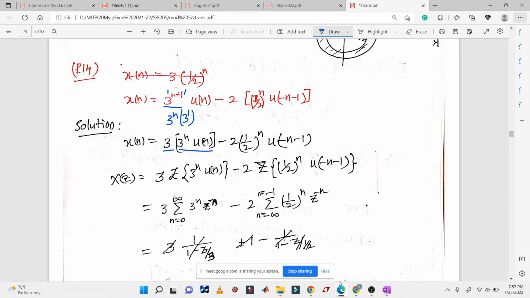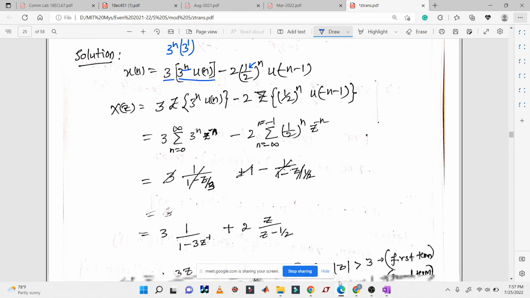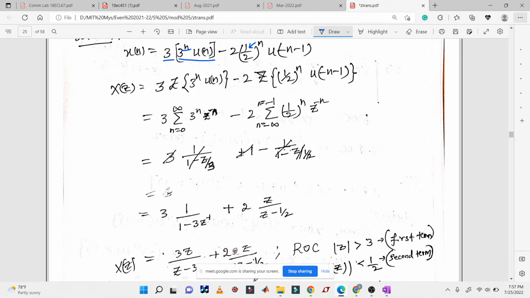The 3 to the power n part is the same as the previous one. Instead of minus 1 by 2 here, we have 3 to the power n, and instead of 3 to the power n, we have plus 1 by 2 here. So finally we can apply the same logic which we used earlier, and we'll get this as our answer.